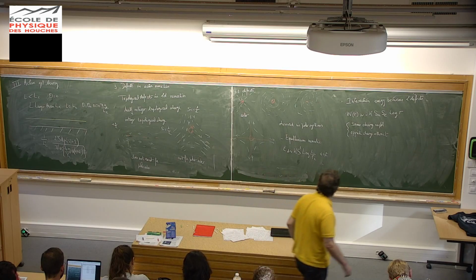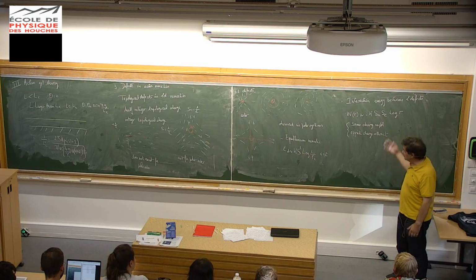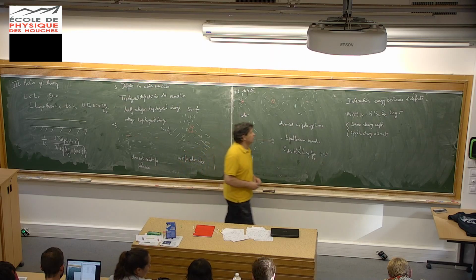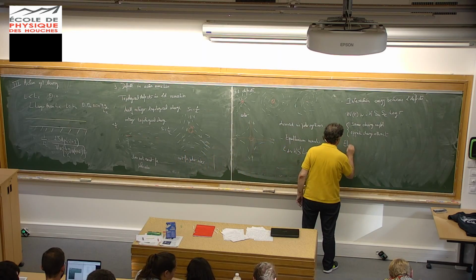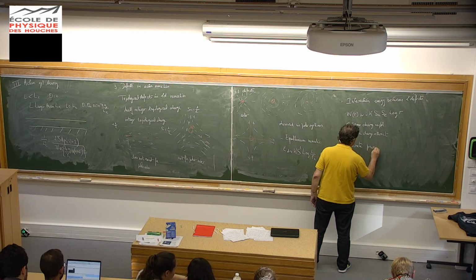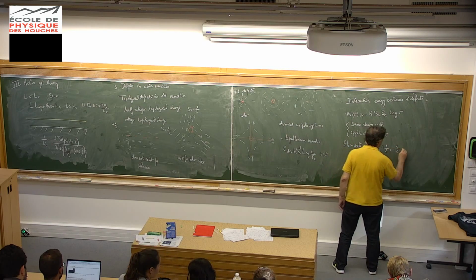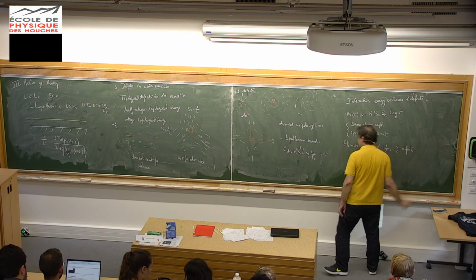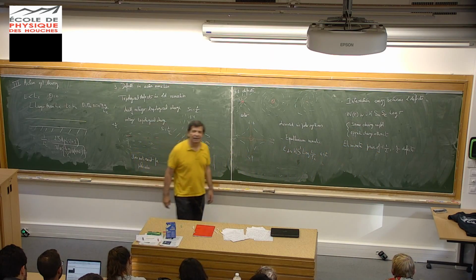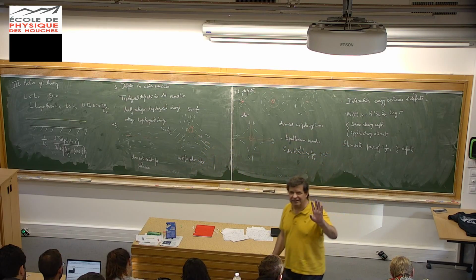So if you have a system with many plus 1/2 and minus 1/2 defects, they will attract with opposite charges, and you will eliminate pairs of defects. Static systems.